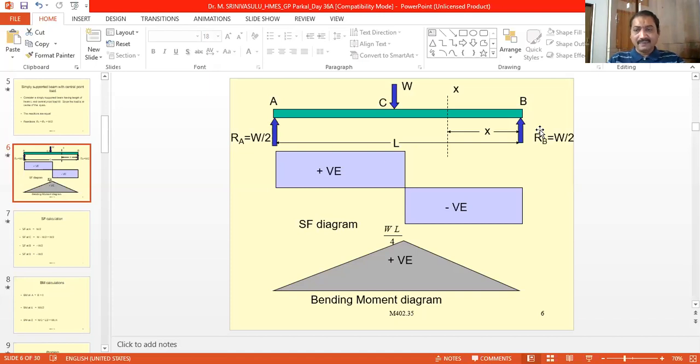If we take the right of the section, only RB is acting at point B, and this RB does not cause any moment about the point B, because RB is acting exactly at point B, and the distance between RB and the point B will become 0. Therefore the moment caused by the force RB about the point B is equal to 0. So the bending moment about the point B is equal to 0.